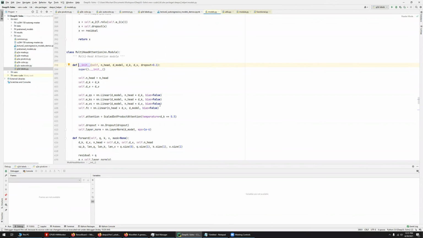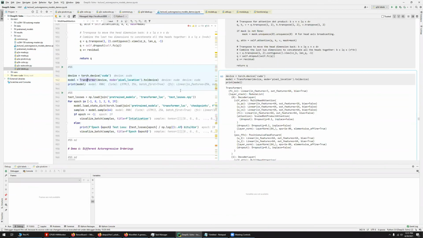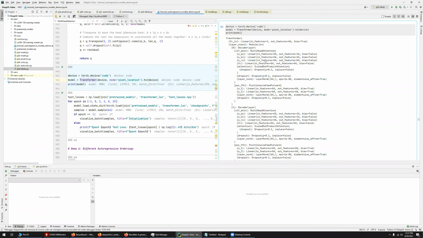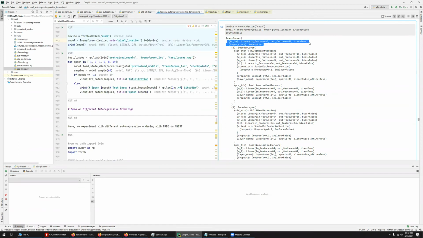So when I print out the model, it uses 2 stacks of decoders. They have a mode called pixel location, and they have different types of transformers. So there's stacks of 2. There's a linear one, which probably is to get into the right shape.